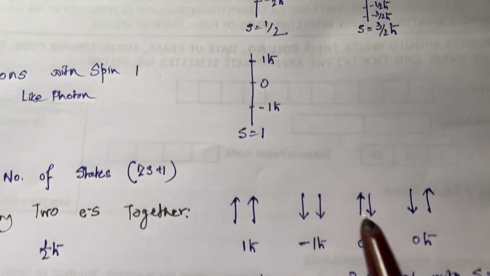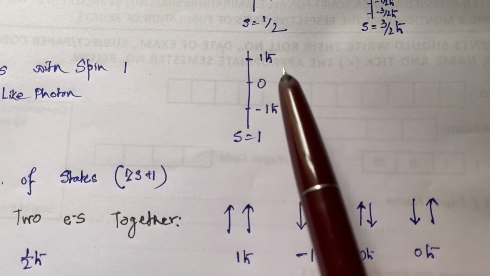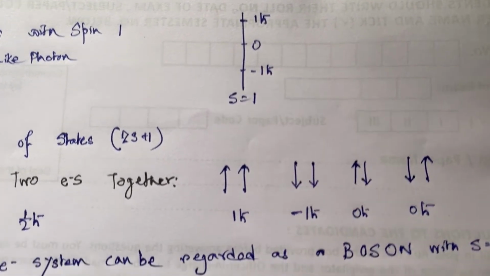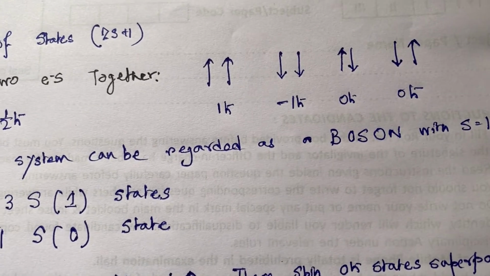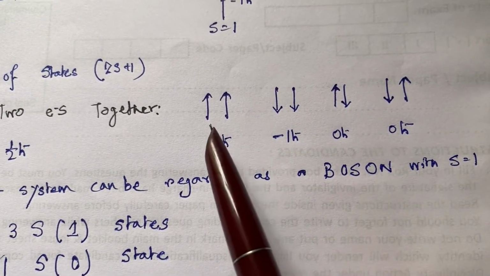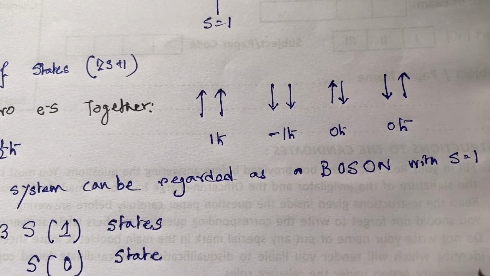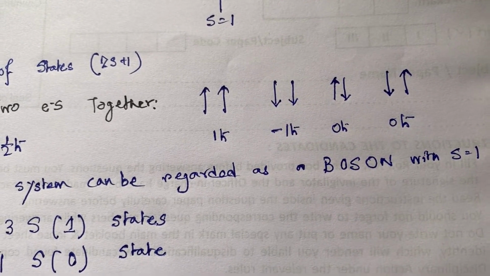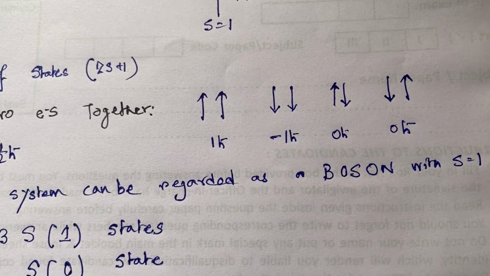Because for spin equal to 1, I have 3 spin states with 1 h cross, minus 1 h cross and 0. Here I have also the spin values 1 h cross, minus 1 h cross and 0 h cross. So we may think of this arrangement as an arrangement of a boson, but with 3 states.